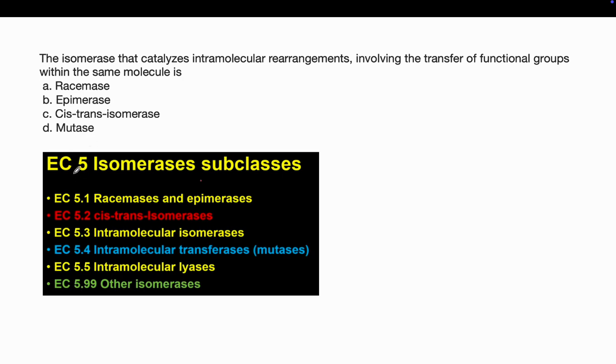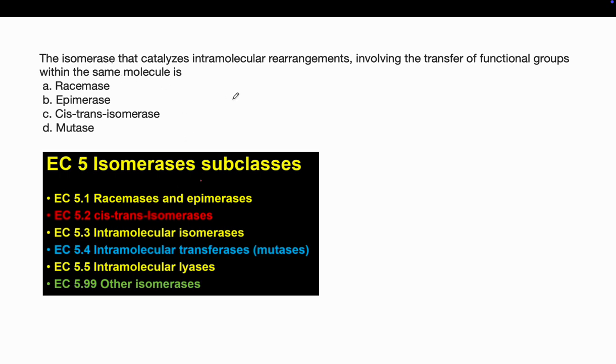Class 1 is racemase and epimerase; as the name suggests, it gives racemic mixtures of enantiomers. The second is cis-trans, which carries out isomerization between cis and trans molecules. And then the intramolecular isomerases.